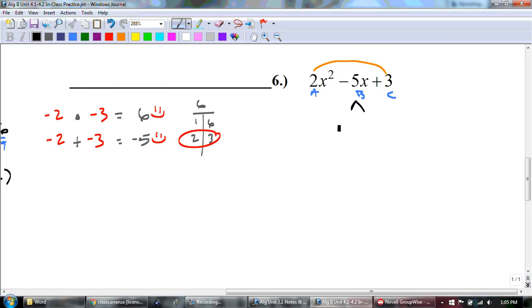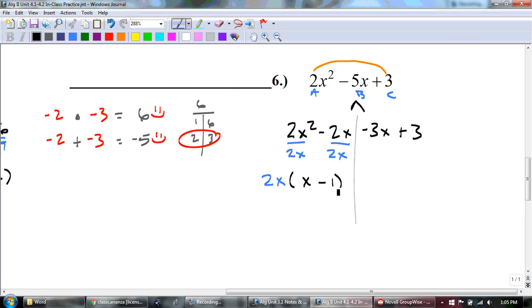So go ahead and split that term. So 2x squared minus 2x minus 3x plus 3. In the first group, we can factor out a 2x. The 2x comes out front, and we're left with x minus 1.